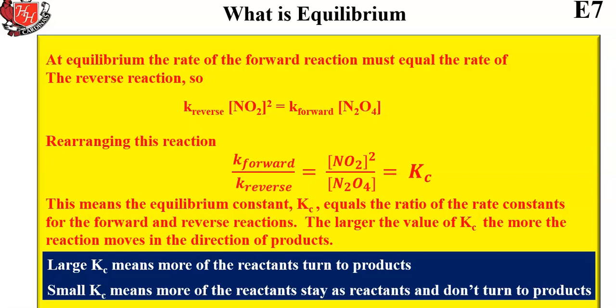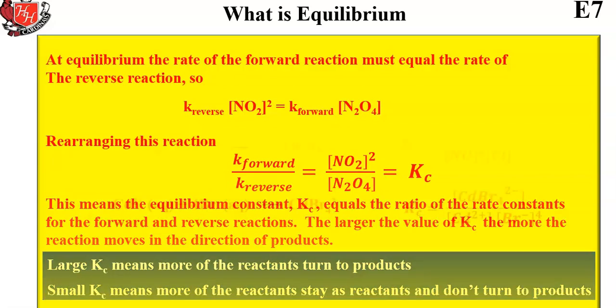So large Kc means more reactants turn to products. Small Kc means more of the reactants stay as reactants and don't turn into products. Or if they're already there as products, they'll move backwards and turn back into reactants.